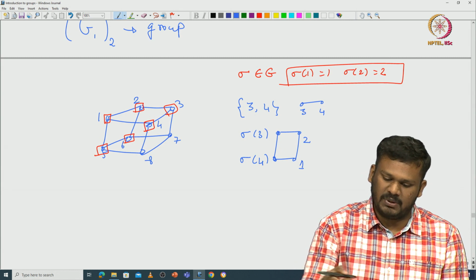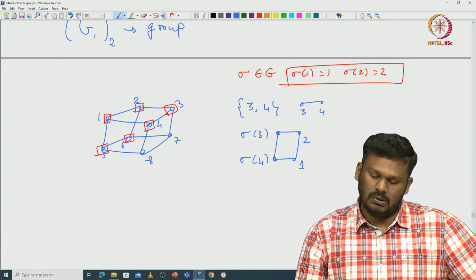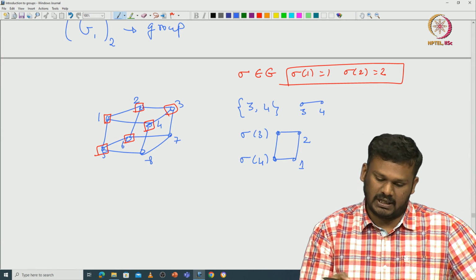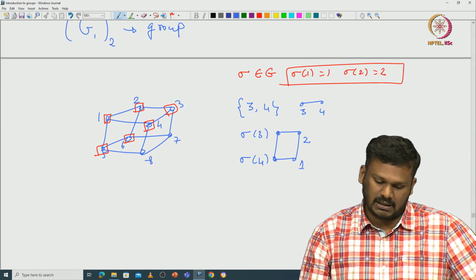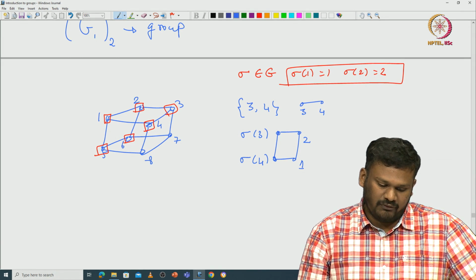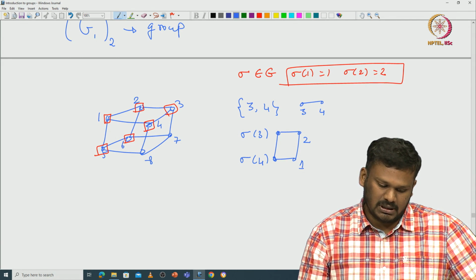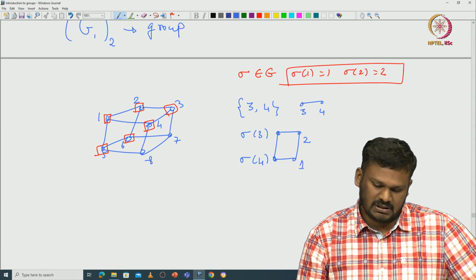1 2 already has an edge. So, you should have a picture something like this. So, 1 2 sigma 3 sigma 4. So, this kind of square should happen. Okay, that is the condition. But if you see from the picture, you have only 2 options for that.